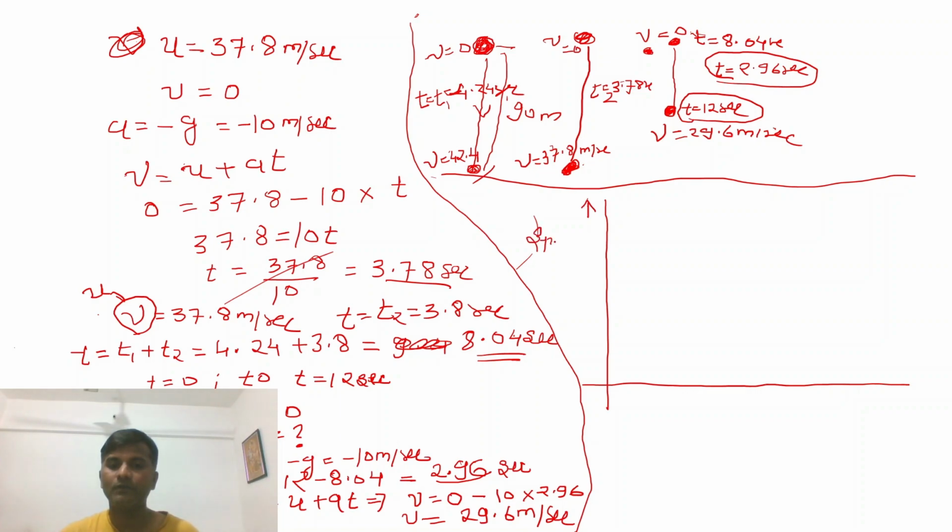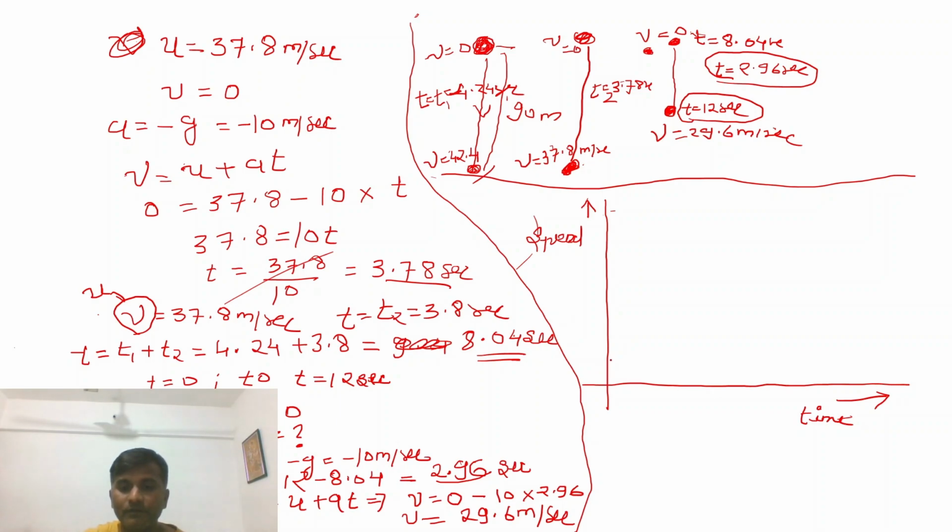What did I tell you? Whatever variable is independent, it will come in the x-axis. So time will come on this axis. Now let us understand, speed will always be positive. So while you are drawing some plot, take only the magnitude, not the direction.